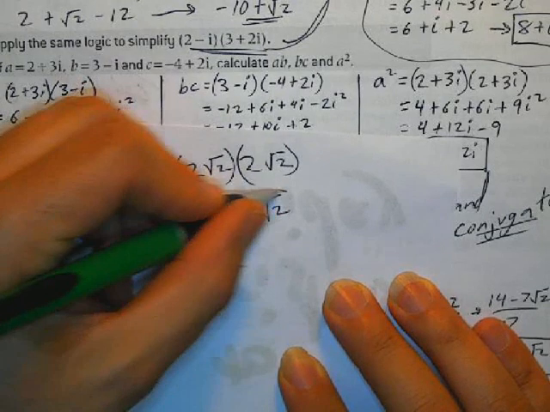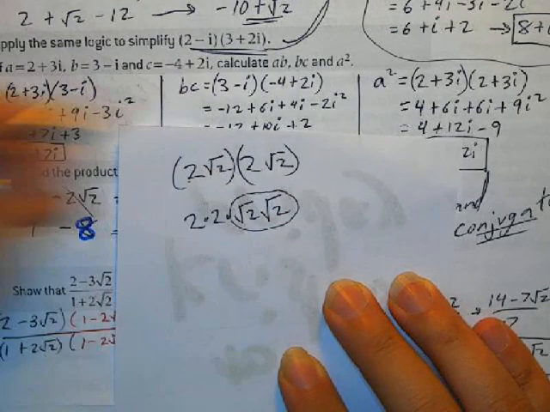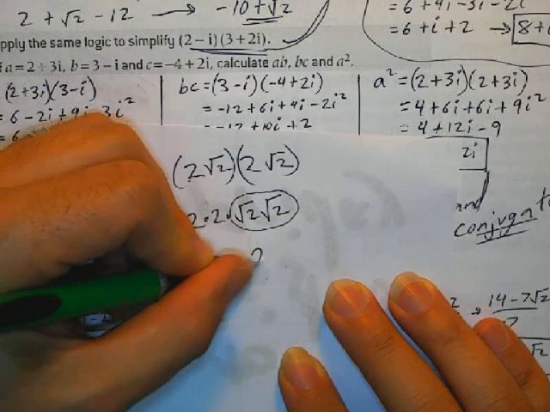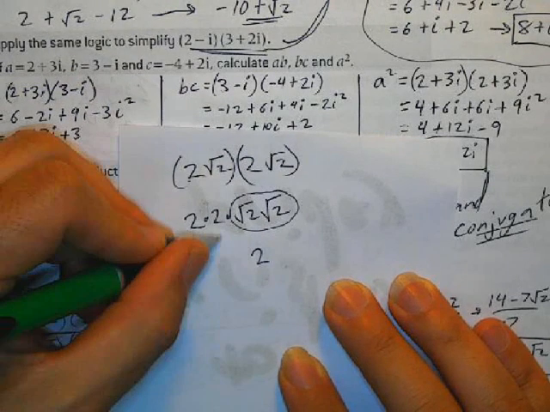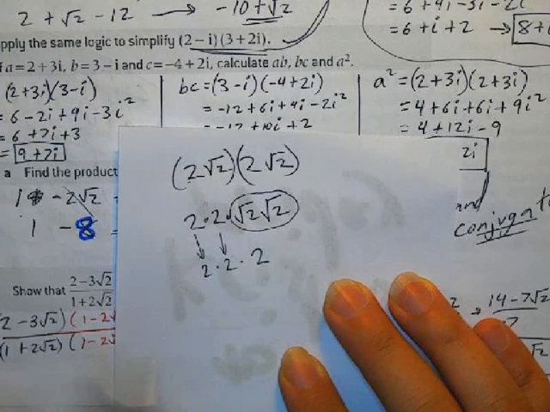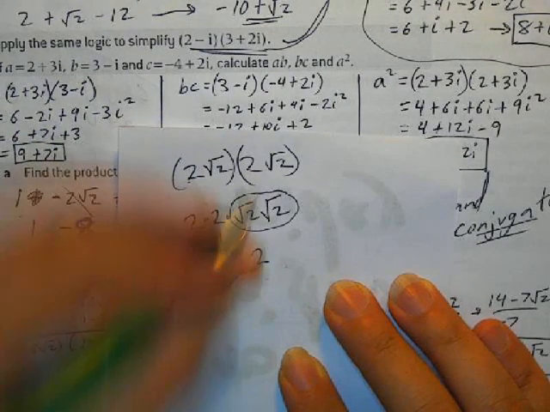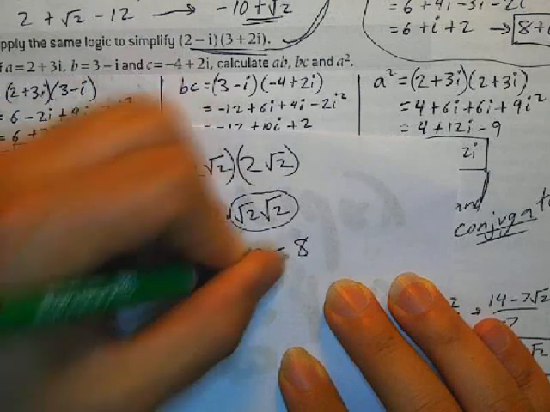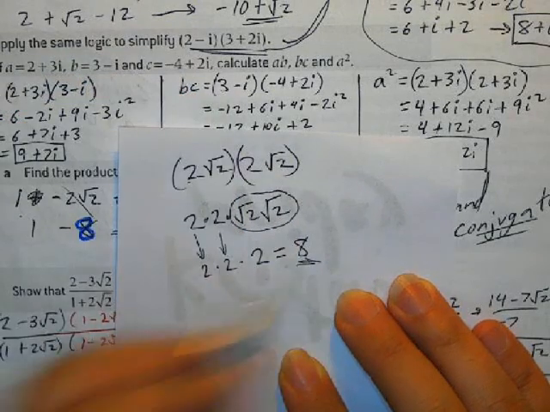Radical 2 times radical 2 is square root of 4, which is simply 2. So then we still have the 2 here and the 2 here. So we end up with 2 times 2 times 2, which is equal to 8. That's where this 8 comes from.